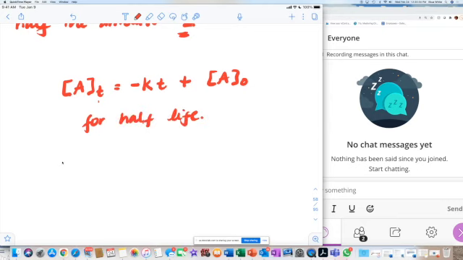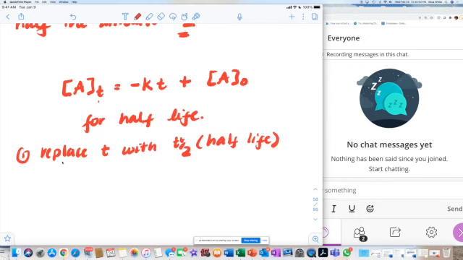for half-life, what you do is you replace the T with T1/2, because T1/2 is called half-life. Okay, that's the first thing you do. Second thing you do is your target concentration, the amount that you want to be left over at half-life, should be half of the original.